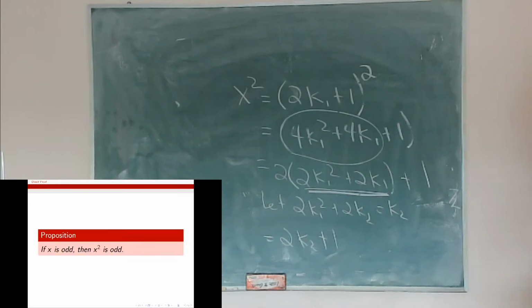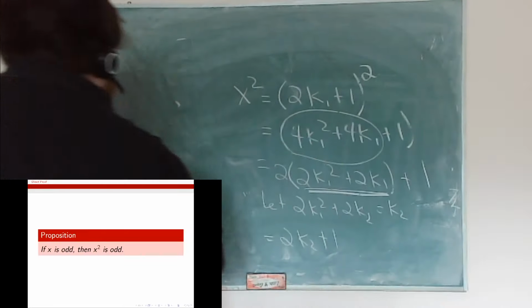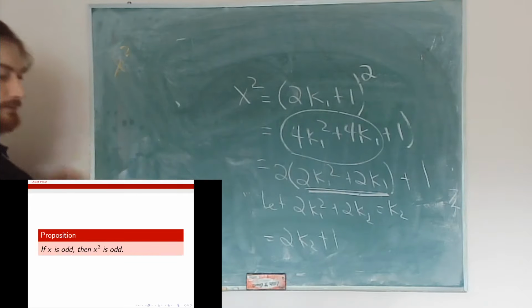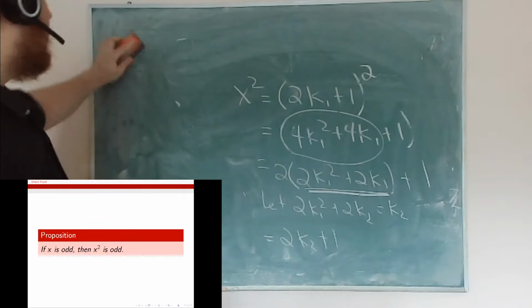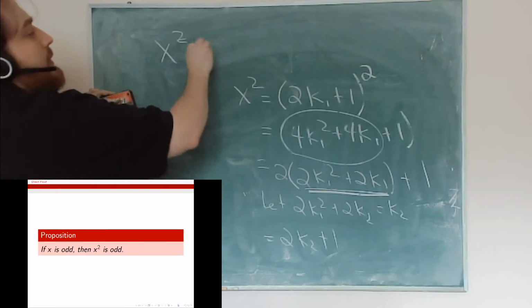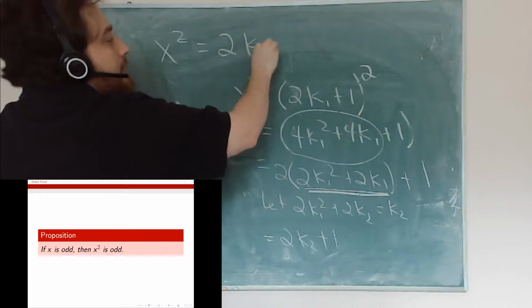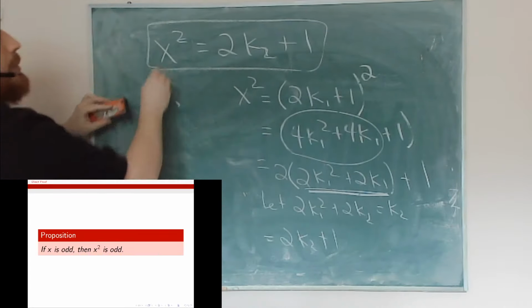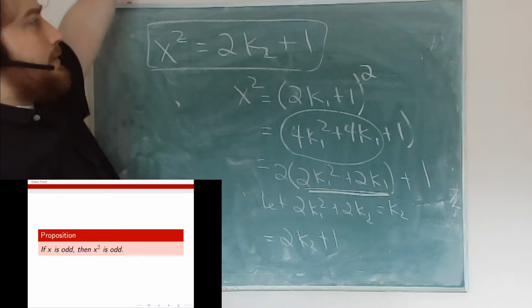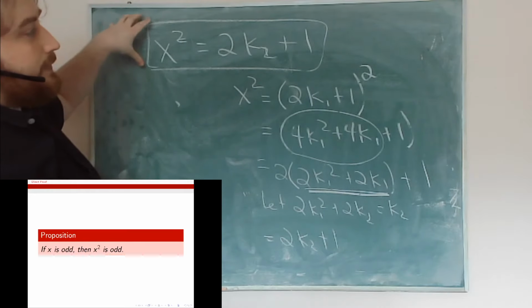So the point was that we wanted to prove that x squared, sorry, I actually thought that was white. That is not white. We wanted to show that x squared looked like 2 times some integer plus 1. This was the goal. So if we go back and remember, we had to assume this, then this is what we have to show.